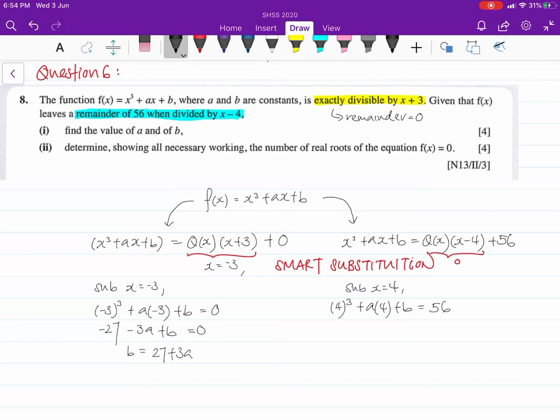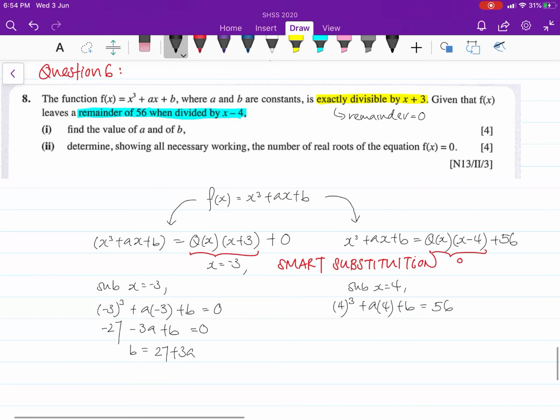My remainder is 56. Now let me work out 4 cubed equals 64. So it's 64 plus 4a plus b gives me 56. Let me rearrange it, and I'll get 4a plus b equals 56 minus 64, which is negative 8.